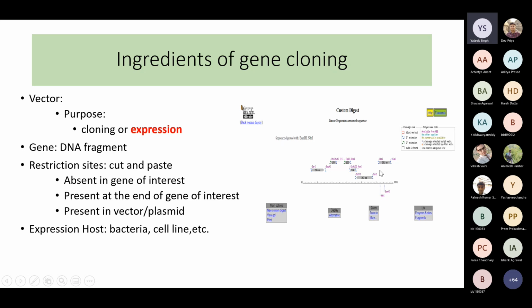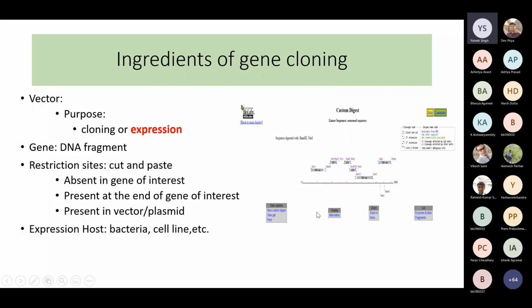And if we clone this fragment, first we won't be able to clone it in our vector, which is cut with the same NdeI and BamHI. And if we clone, we will clone the wrong fragments. The whole gene would not be pasted there. It would be a fragment of the gene.